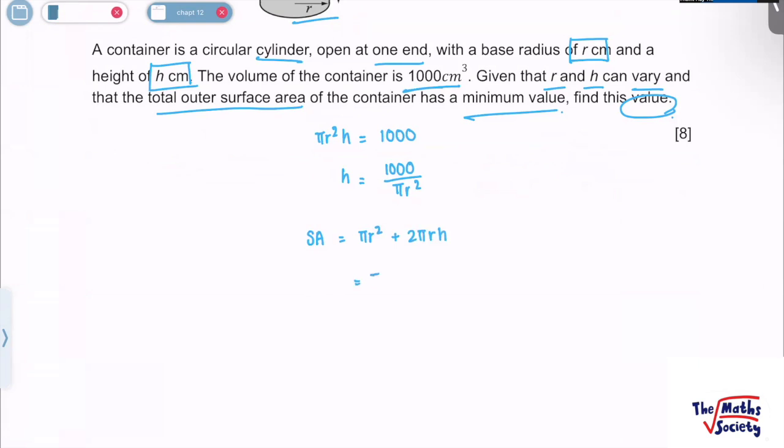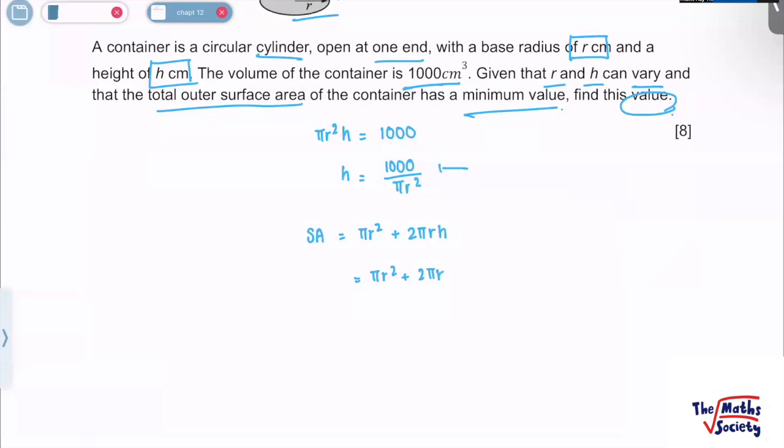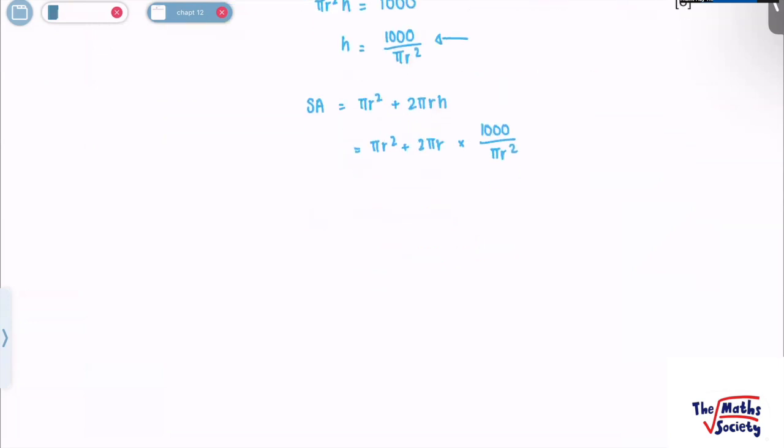Substituting h, we get pi r squared plus 2 pi r times 1000 by pi r squared.